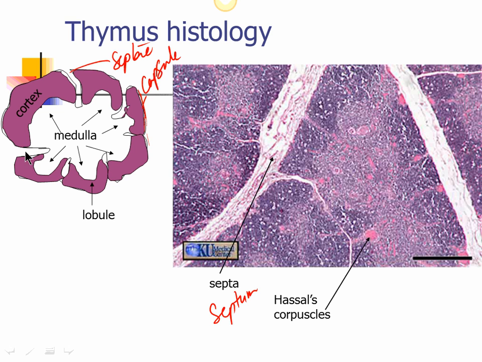The periphery of the thymus is known as the cortex. It's much darker staining. Here, this is the cortex. You can see the cortex is darker staining. The central area, which is lighter staining, is called the medulla.